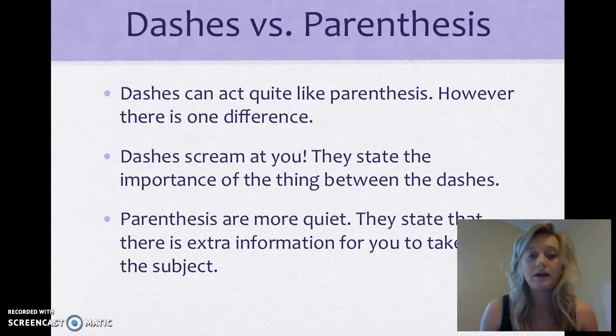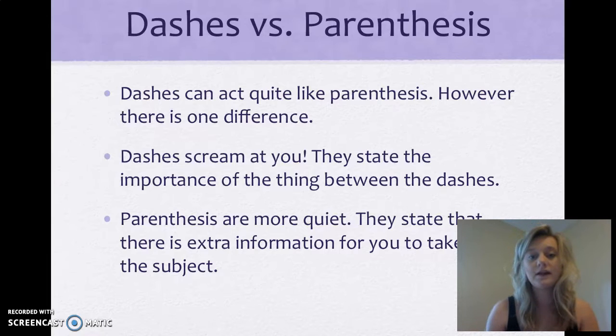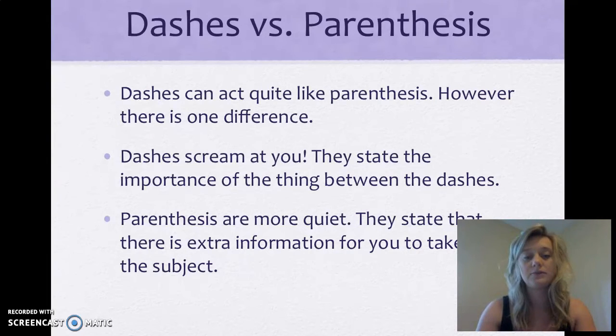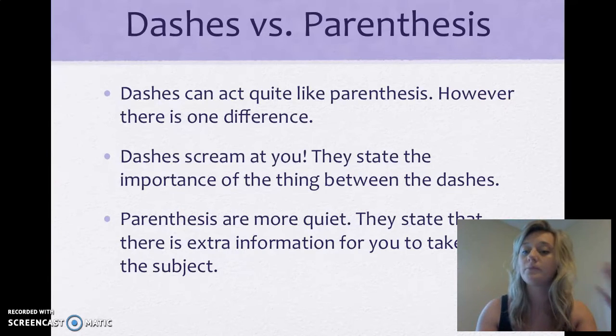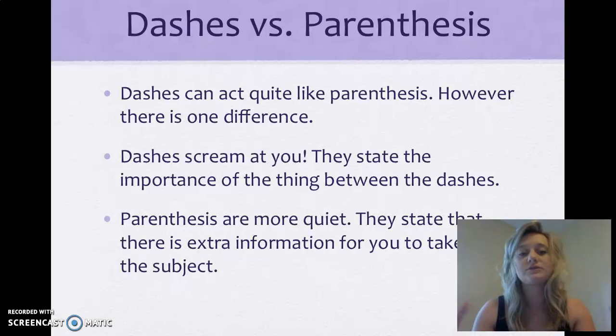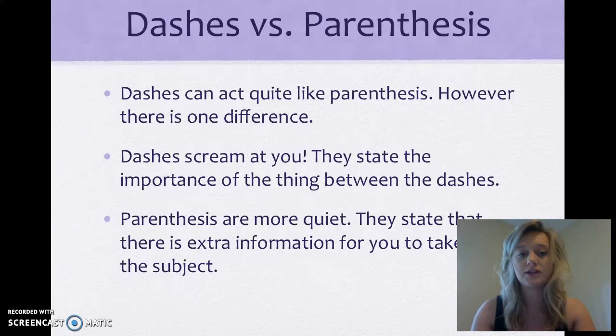So the best way I can kind of get you to understand how dashes work is they work quite like parentheses. So in writing, when you're reading something and you come across something in parentheses, you usually think of it as, okay, I can read this, it gives me extra information, but it doesn't really do anything else than that. It's just telling me other things on the subject.